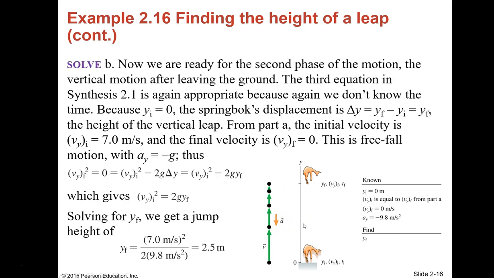Okay, so because we know Vy final is 0, and Vy initial, we know g, we know delta Y. So we can use this equation here: Vy final squared is equal to Vy initial squared minus 2g delta Y. But because our final velocity is 0, then 0 is equal to this.